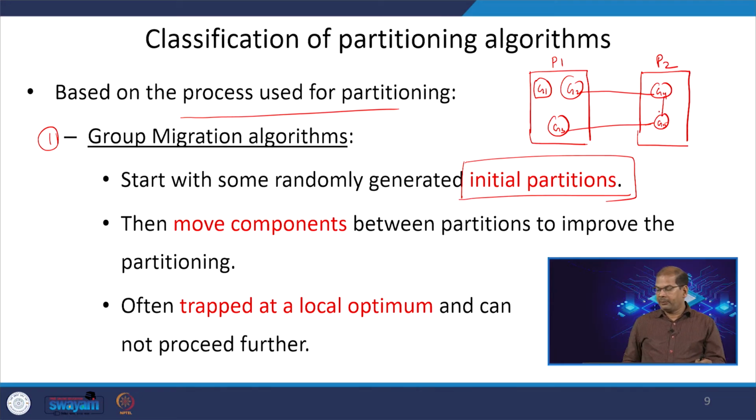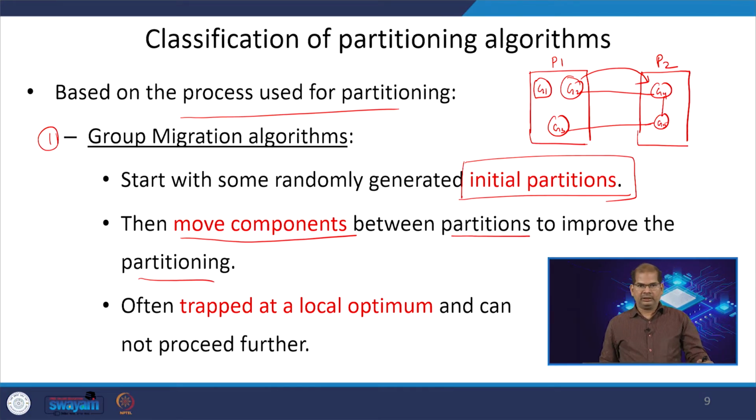If I move G2 to partition P2, the cut cost will be reduced by 1. So, we are moving a component or a logic gate between the partitions to improve the partition. G2 moves to partition 2 to reduce the number of cuts to 1. This is called your group migration algorithm.